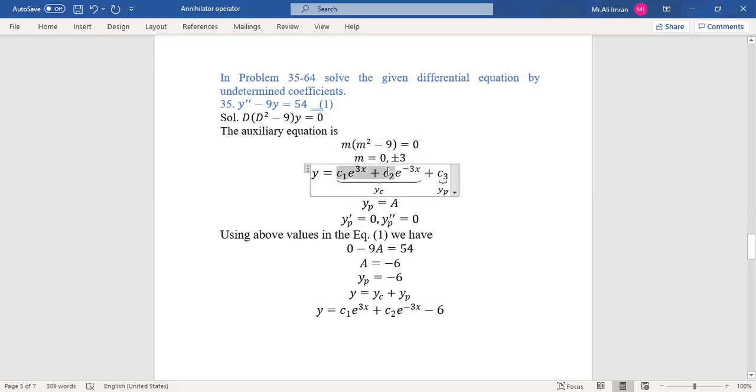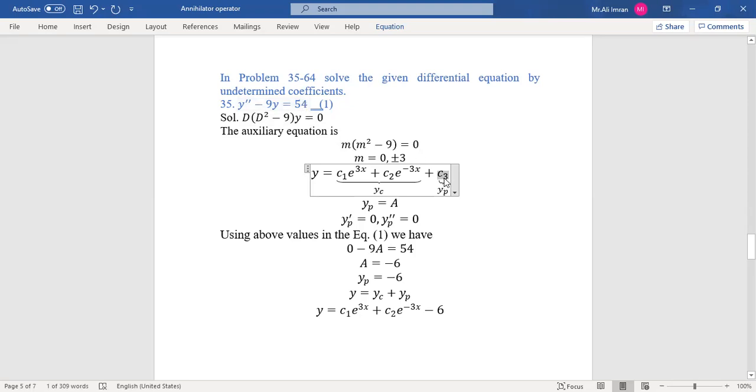Now this solution appears due to the left hand side, that is the homogeneous part. The solution of the homogeneous part is denoted by yc. For m equal to 0 we have c3. This c3 appears due to the value of m equal to 0, that is D equal to 0, which occurs due to the non-homogeneous part.